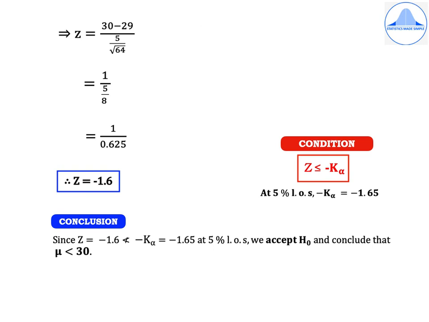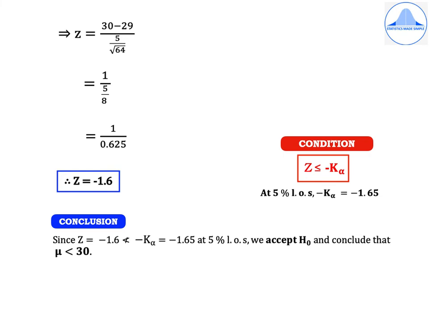Substituting the values, you get Z equal to 30 minus 29 divided by 5 by root 64, which is equal to 1 divided by 5 by 8, which is equal to 1 divided by 0.625, or Z is equal to minus 1.6. Now the condition for a left tail test is we have to check whether Z is less than or equal to minus k alpha.